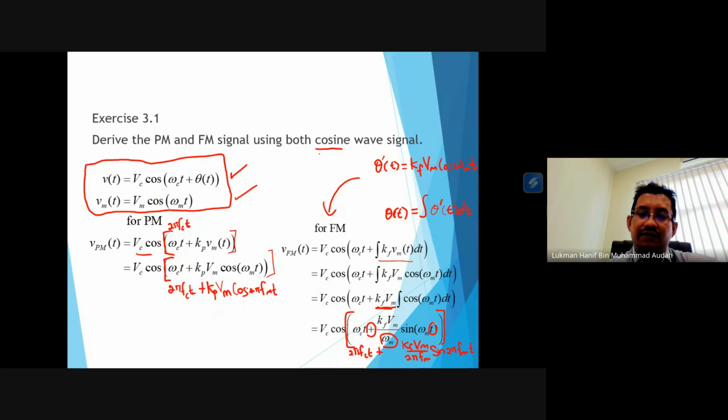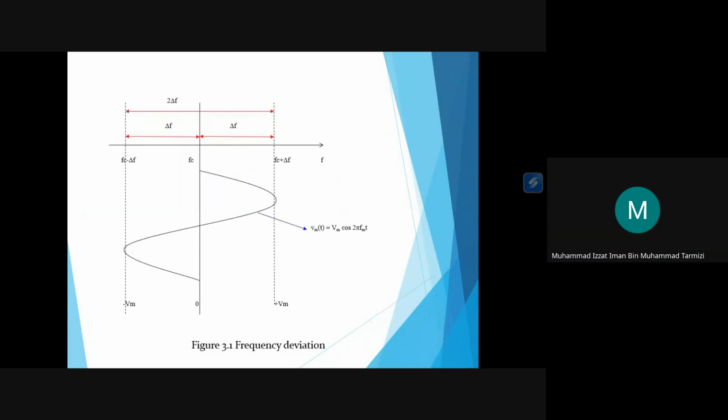If you are given all the values here, that means you need to use the radians parameter. Later you're going to see that normally in the question we only ask students to produce the equation, not go until the calculation of the radians. I will show you in the example, but to answer your question, normally we use radians.